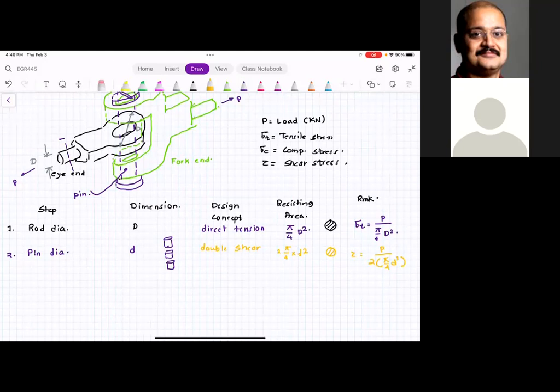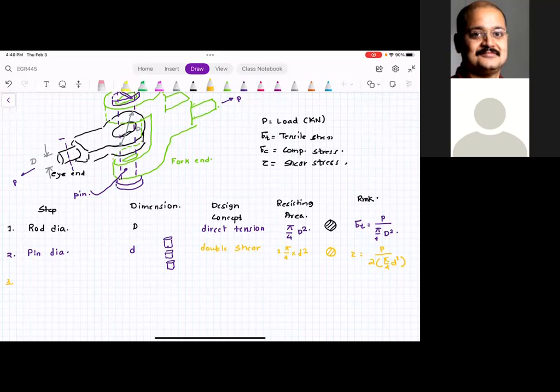Now, one thing is that many a times, for uniformity, this pin diameter is taken same as rod diameter. There are two reasons for it. First and foremost, when we are trying to design, we want to standardize the design in terms of some principal dimension.